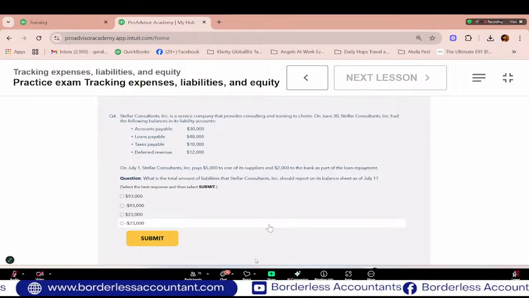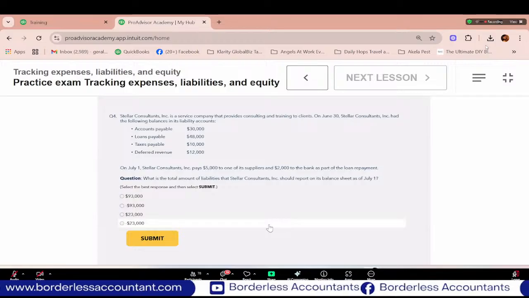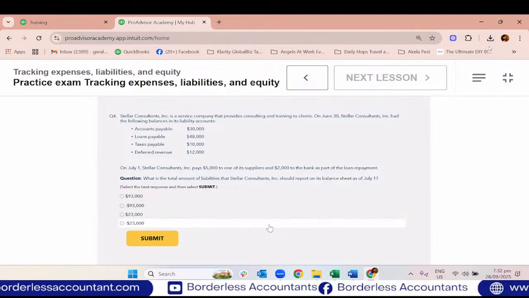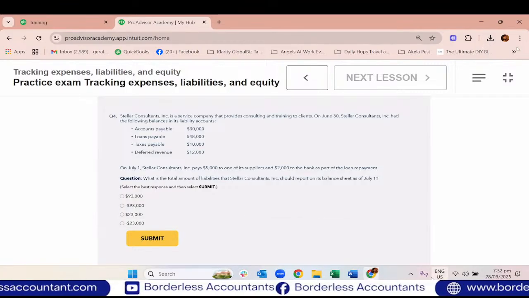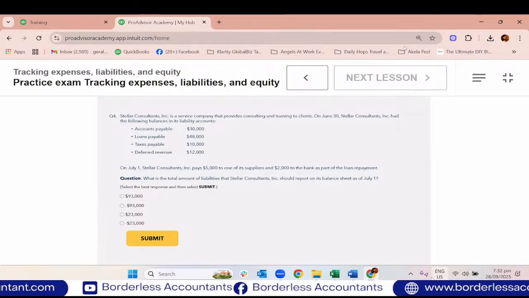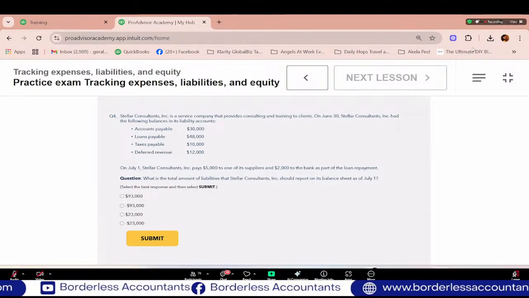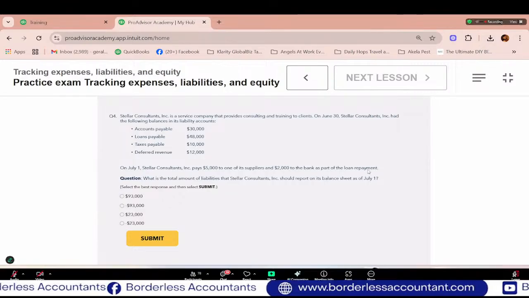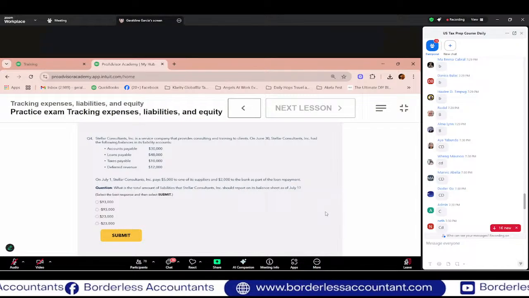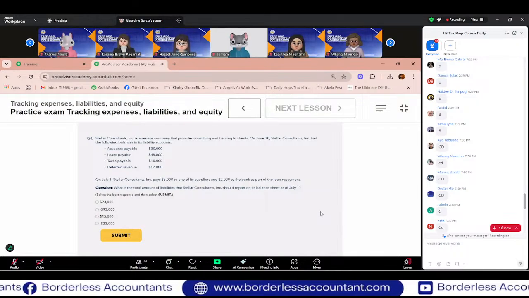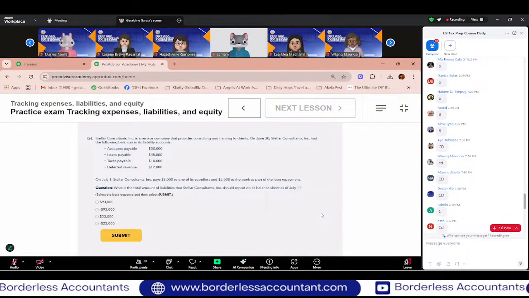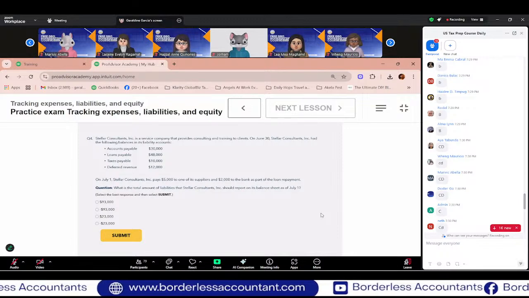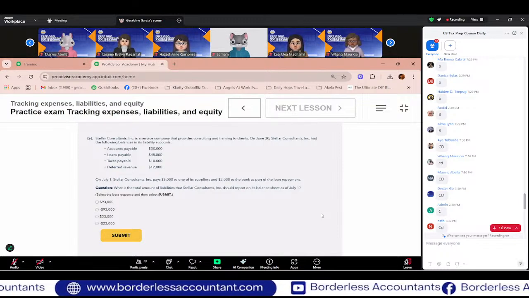Okay, number 4. Stellar Consultants Incorporated is a service company that provides consulting and training to clients. On June 30, it had the following balances in its liability accounts: accounts payable of 30,000, loans payable of 48,000, taxes payable of 10,000, deferred revenue of 12,000.